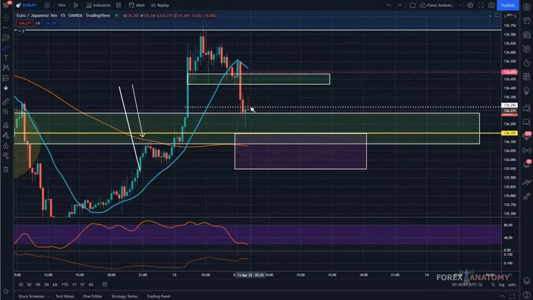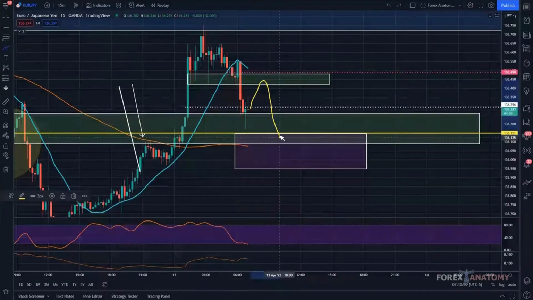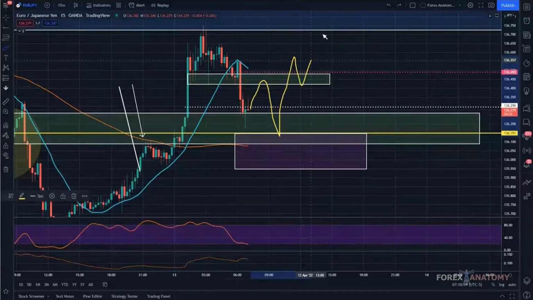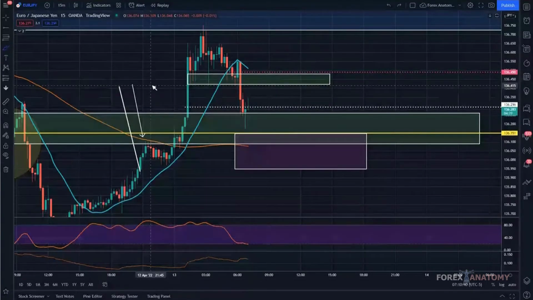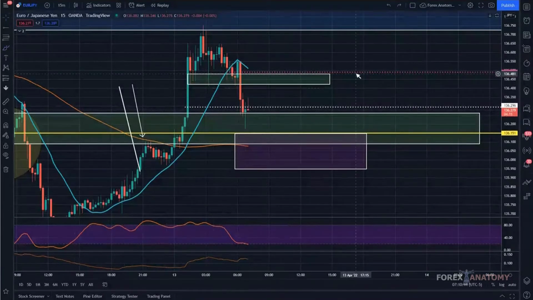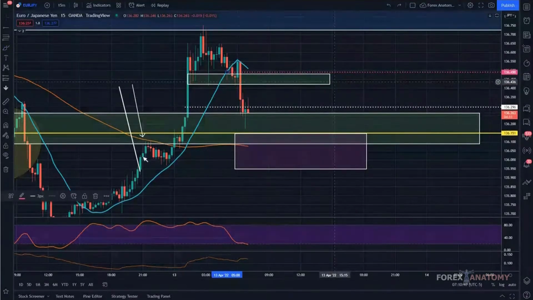However, if price does push into this area, respect this level, and then push down deeper, then we'll just look for another push up, correction, and impulse. But for those who've been with us for a while, that's how we typically enter trades. But what we're going to do is be on the lookout for a break of this level.